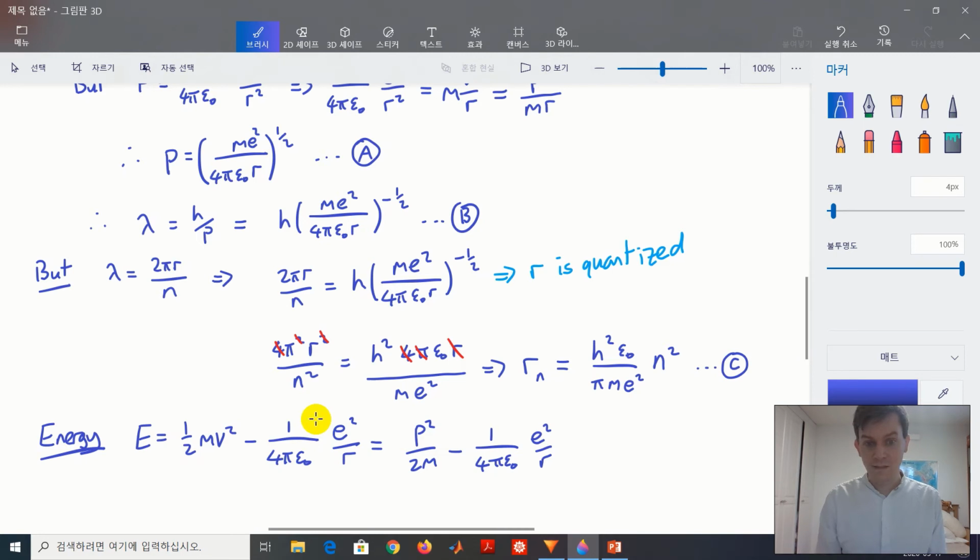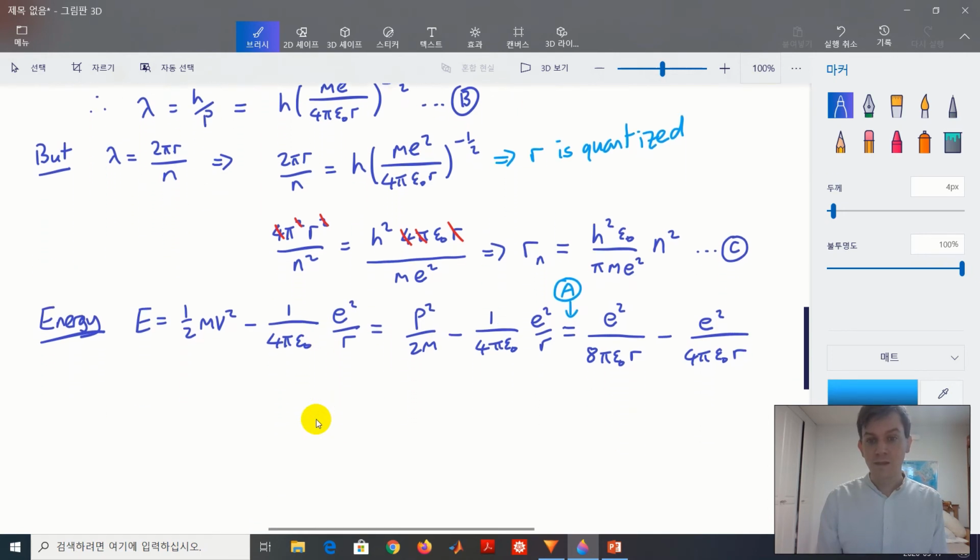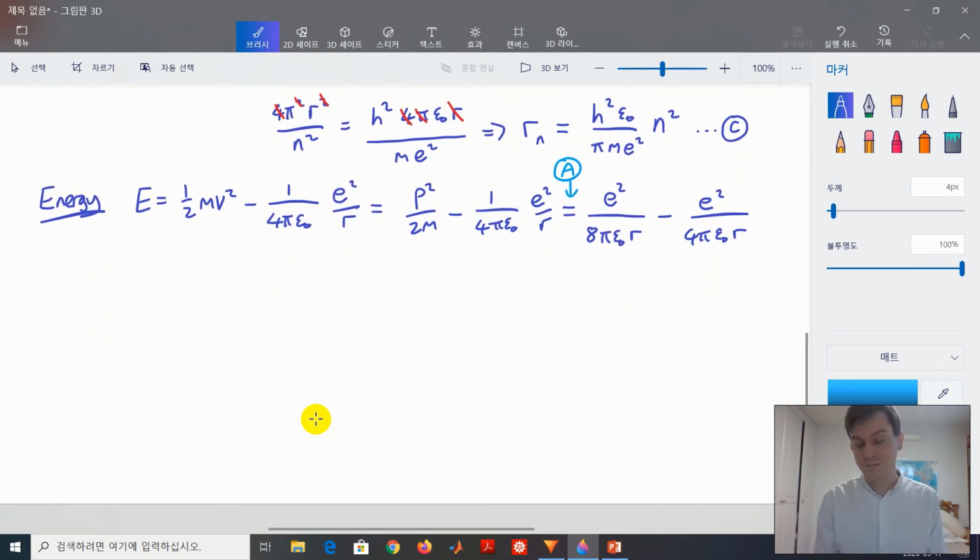So p squared over 2m is just going to be equal to e squared over 8 pi epsilon 0 r minus, and then the potential energy term is e squared over 4 pi epsilon 0 r. Okay, so in this case here we use the equation A for the momentum. Okay, so these two terms are the same, but the first one is half as big as the second one.